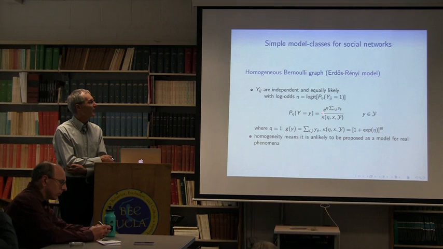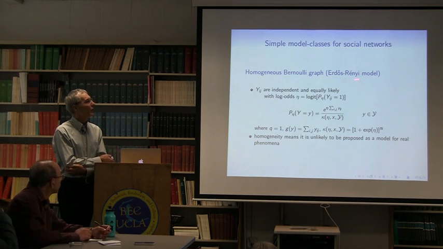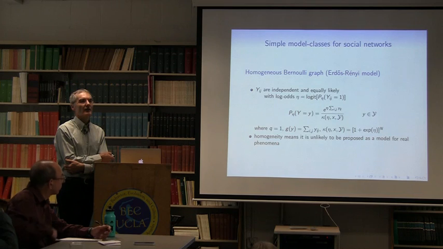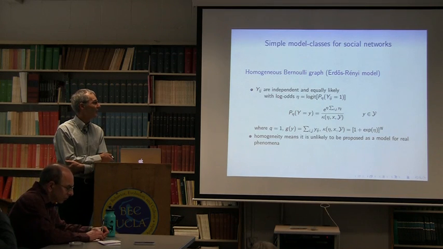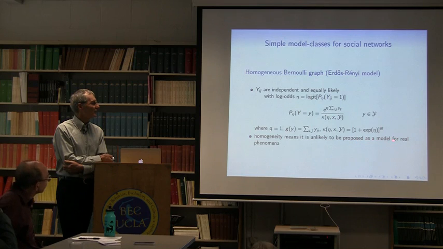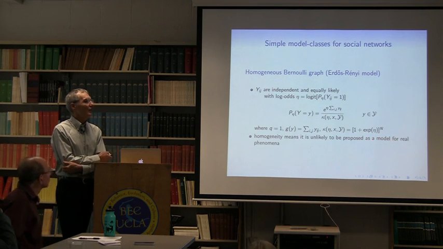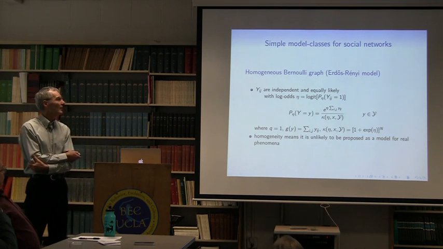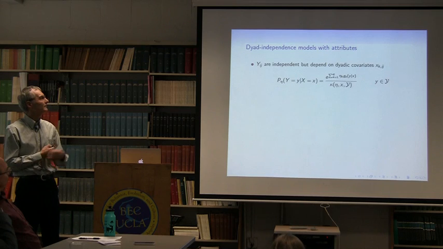So it's extremely simple. And this is the Erdos-Renyi model, which has been enormously studied in graph theory and mathematics, is a simple case here. But although it's good for mathematical analysis, it's not so good for real phenomena because we're assuming relationships are independent and also equally likely.